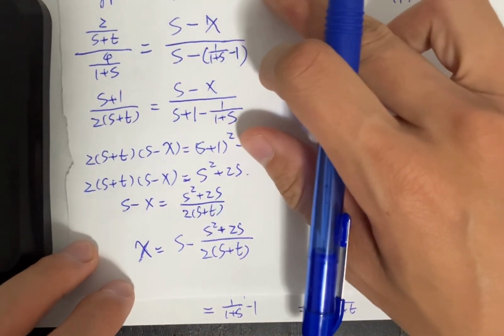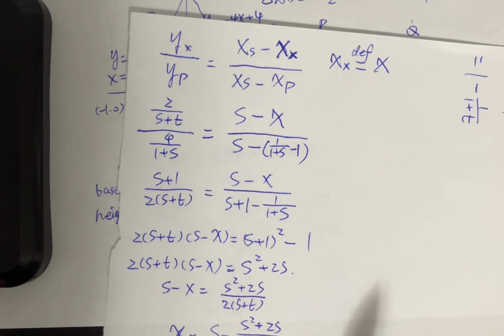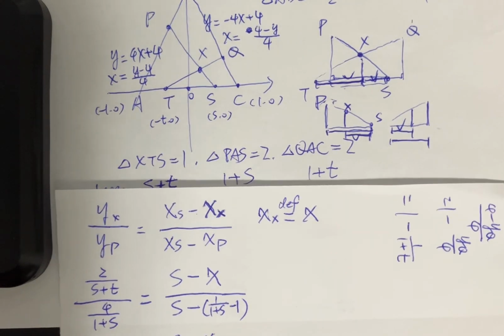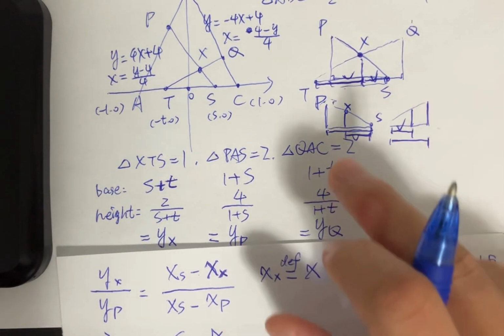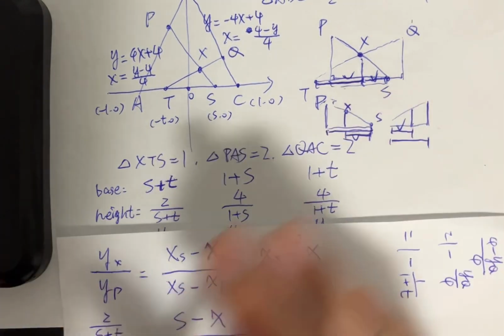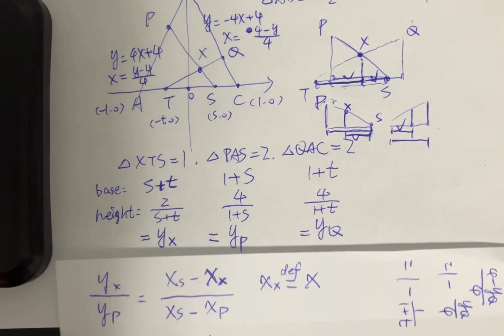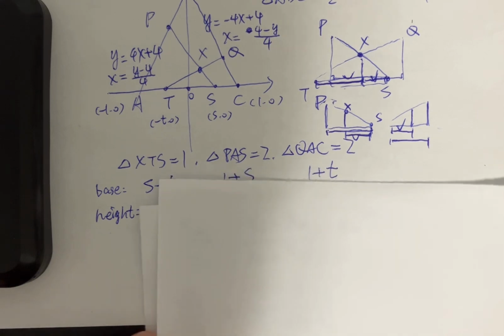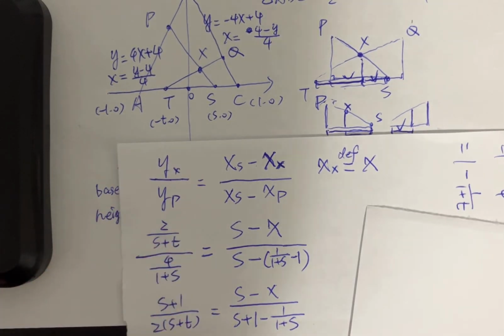X is the x coordinate of this point. This is just one of the two possible expressions, because we have two structures here and we've just used one of them. Now let's use the other one. I guess we need another sheet of paper. It is basically the same thing, but not exactly the same.